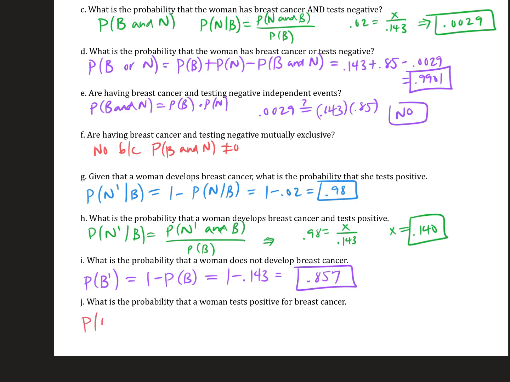So I'm asking for the probability of N complement. So 1 minus the probability of N, which is 0.15. So do you see how I can ask a whole bunch of different questions and how you just have to know how to manipulate the math? Does everyone see that? Okay.